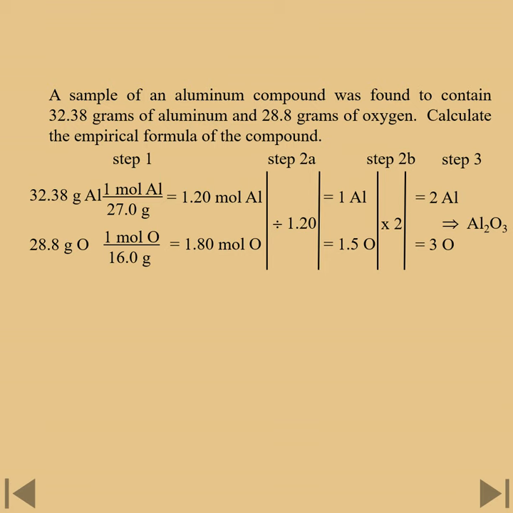And there's our empirical formula of aluminum oxide. And most of the time that is our actual formula. For an ionic compound it is always the actual formula, because the actual formula is always the simplest whole number ratio of each element in the compound.